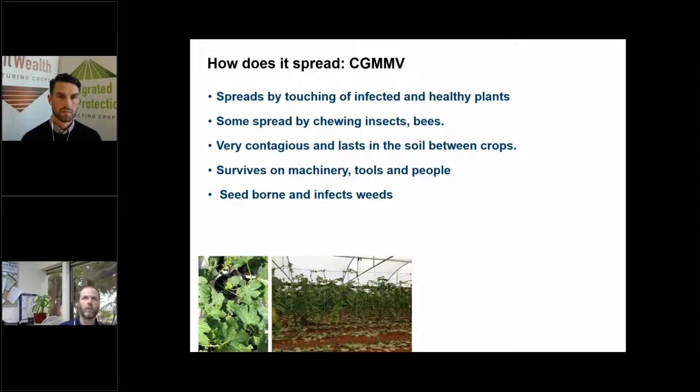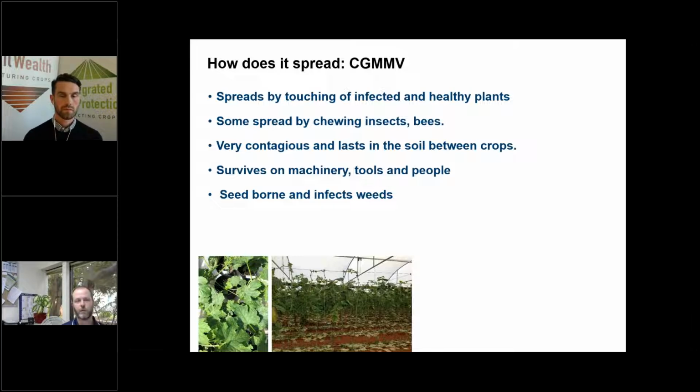I think that definitely can move it across into new blocks and be an issue of concern, but within a single field, the spread by touch happens so fast that it probably moves through a whole cucurbit crop before chewing insects can spread it. But if that block died off and all those chewing insects flew to a neighboring field, that could be part of how it spreads around on a farm.